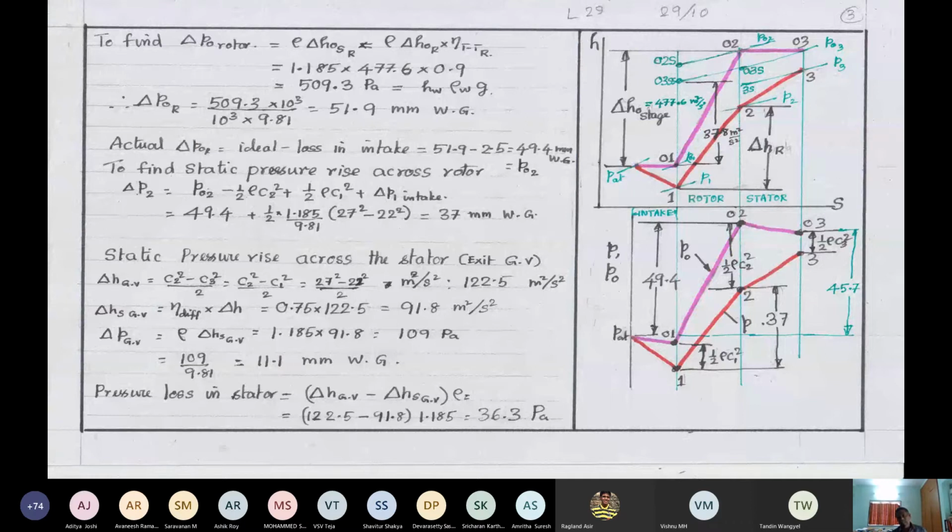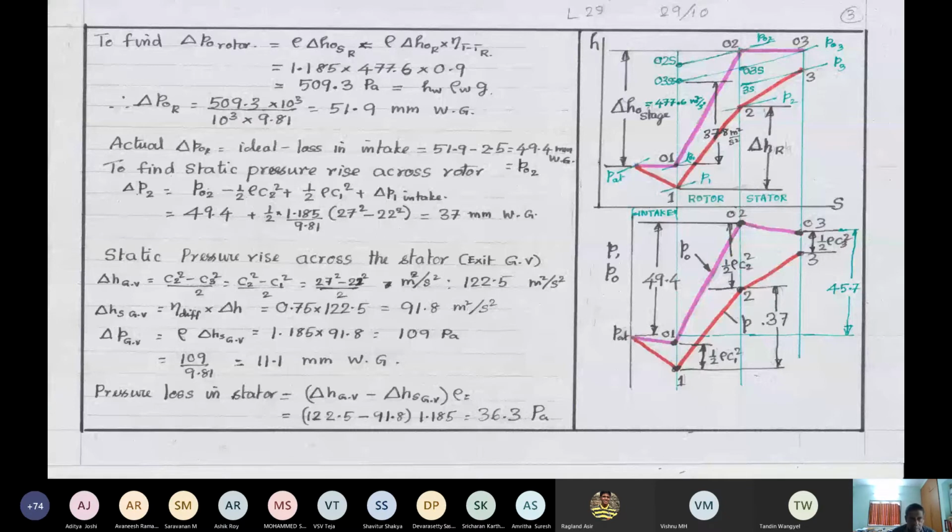So usually you have to think of an efficiency, and people get some idea about that from experience, from experiments conducted. Here we are given that the diffuser efficiency is 0.75. Diffuser efficiency is the isentropic enthalpy change divided by the actual enthalpy change. So finally the isentropic enthalpy change is 91.8 meter square per second square.